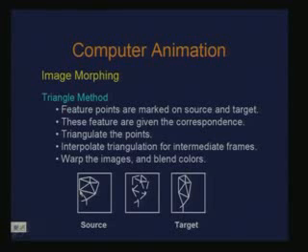Okay, so in a way what we are saying is that this triangle corresponds to this triangle, right? So the transformation is from this triangle to this triangle. So for each triangle I know the transformation through the feature points, right? Then it is a question of finding out for any pixel inside this triangle what the transformation is.